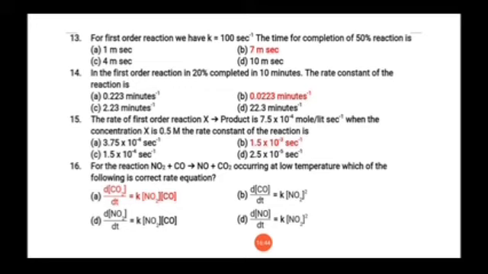So you can say that it is about 7 milliseconds, because it is in 10 raised to minus 3 power.